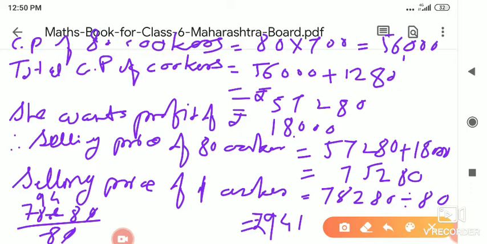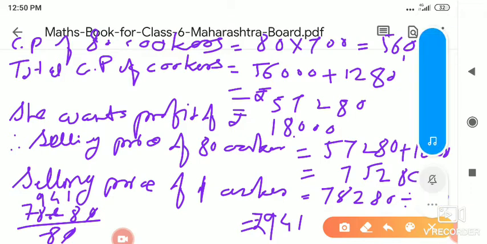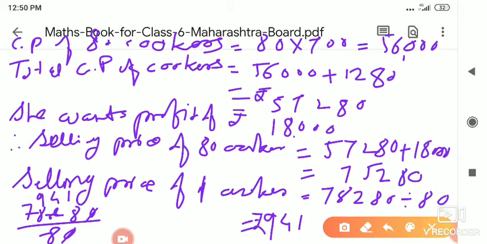Here place is a problem, so I can't show it all. So 941 is the SP of each cooker. If she sells one cooker for 941, then she will get the profit of 18,000 in the whole transaction. In this way we have to solve this example.